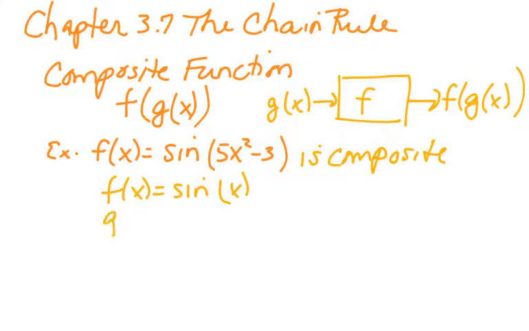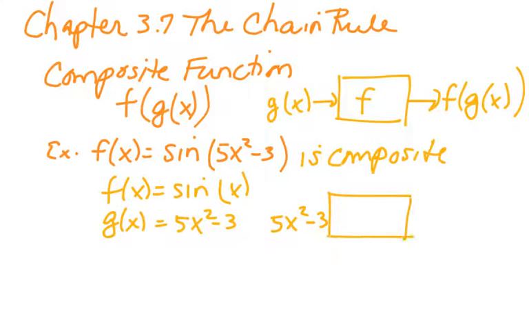And your inner function, we'll call g of x, is 5x squared minus 3. So you're putting 5x squared minus 3 into the sine function, and you're getting out the answer sine of 5x squared minus 3.